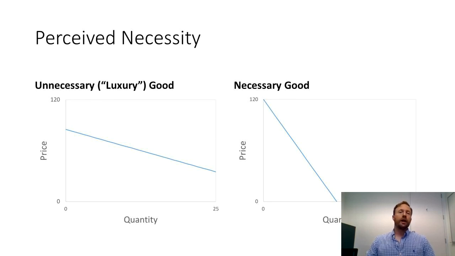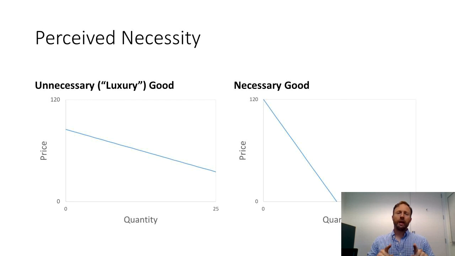Or if the price of a Jaguar goes up, or the price of a BMW goes up, or a Porsche, or a Maserati, I can always say, you know what? I don't have to have a luxury car. Instead, I could buy a cheaper car that can do the job just as well. All right. So if a good is considered a luxury, it's going to have a more elastic demand curve.